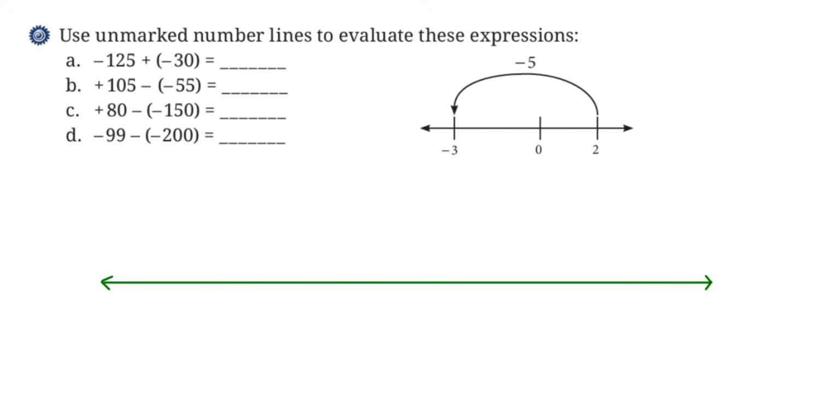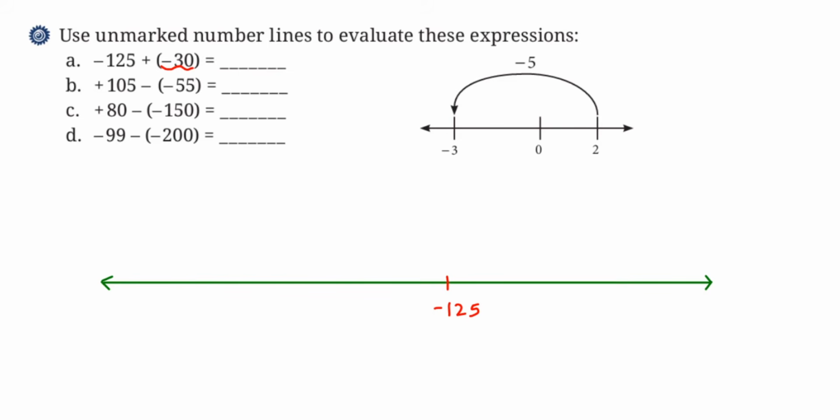This means, just imagine that you are at minus 125. So this is your point. You are standing here at minus 125 and you're adding minus 30. So let me mark minus 125 a bit here. This means you are going 30 units to the left side.